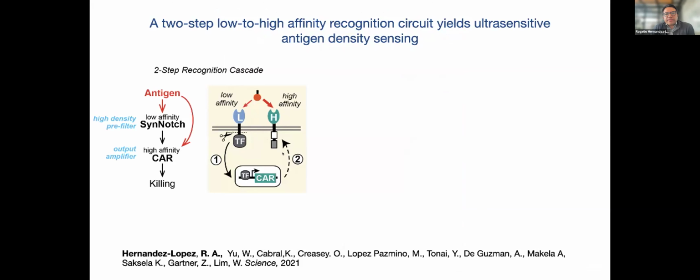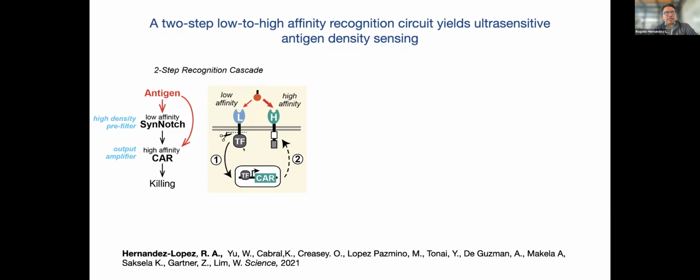I told you earlier that these chimeric antigen receptors are the ones responsible for activating the T cells for killing. But rather than having those receptors always on the surface of the T cells, what we did was to put it under the control of the synthetic notch receptor.